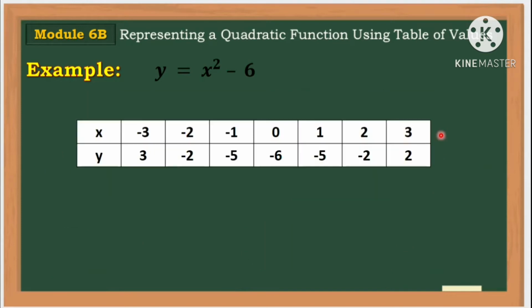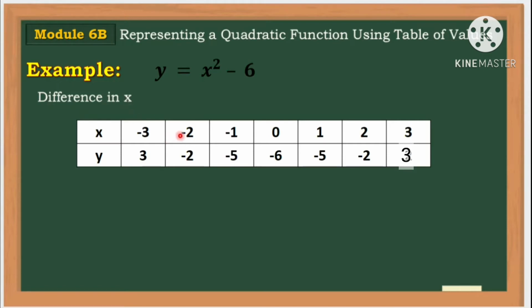Okay? So, let's find the difference in x. Kapag ang given ay table of values, i-identify natin kung ang table of values ba ay quadratic function. Okay? So first, kunin ang difference in x.